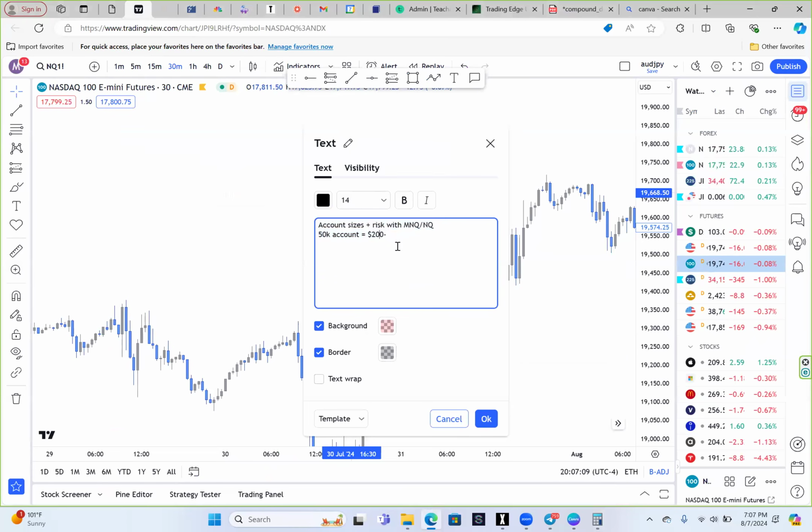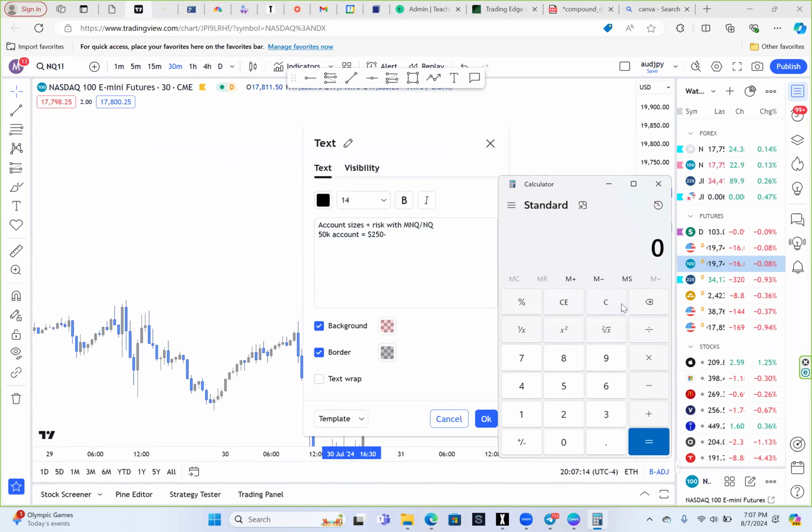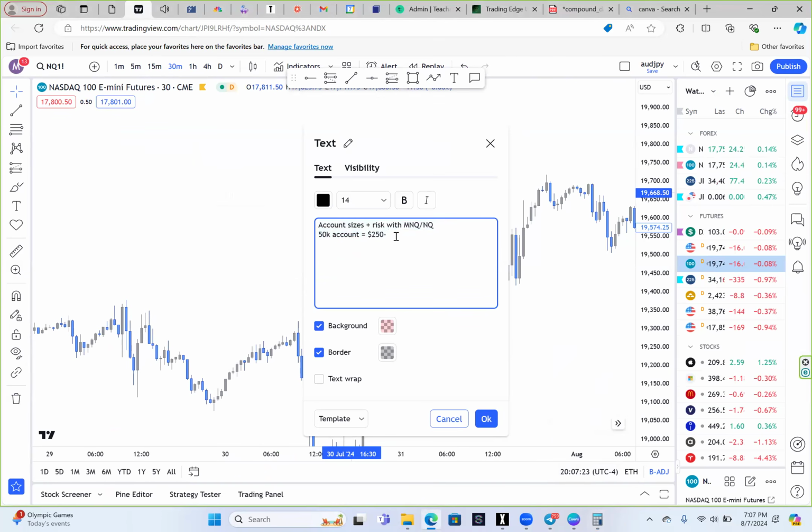So I know for a 50K account, I can risk between 250, and then I'll do the account balance again times 0.8% and no more than 400. So I can risk between 250 to $400 on a 50K account, which equals around 2 to 4 contracts on MNQ with a 50-point stop loss.